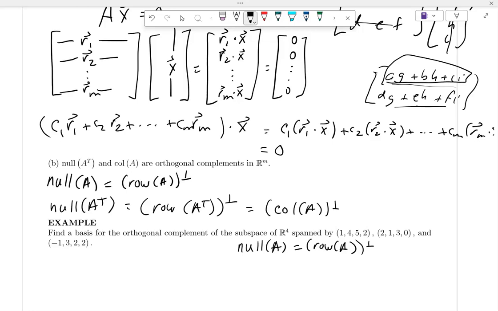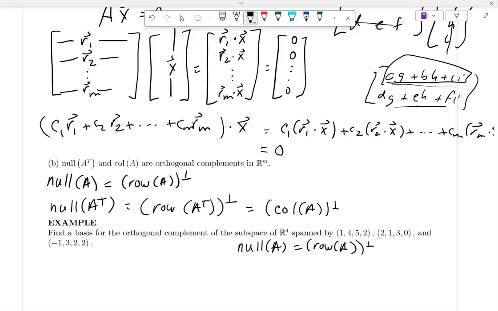Those are the things we just said are orthogonal complements to each other. So using that fact, how might you create a matrix to help you out? We know how to find null spaces using matrices, right? How do we find null space bases using matrices?